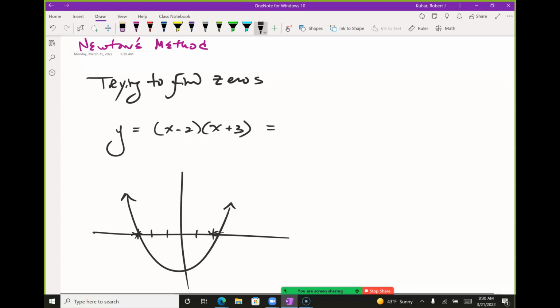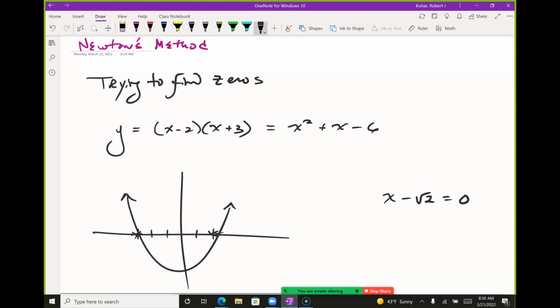And of course, if it was written out, what would it be? X squared plus x minus 6, right? It's hard to see what would make that 0 instantly, right? But that's what we're doing. We're trying to find zeros, right? So if I say to you, what's the square root of 2, I might have a function like x minus square root of 2 equals 0, and I'm trying to find that answer.